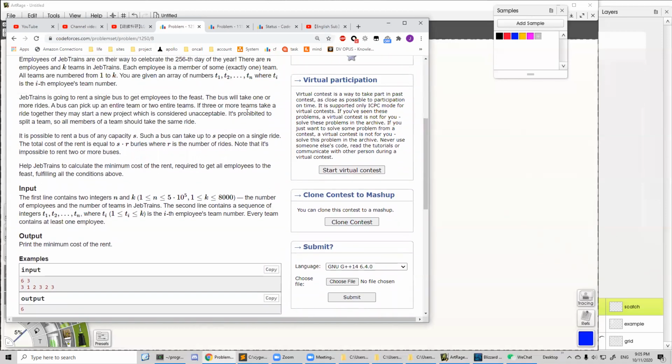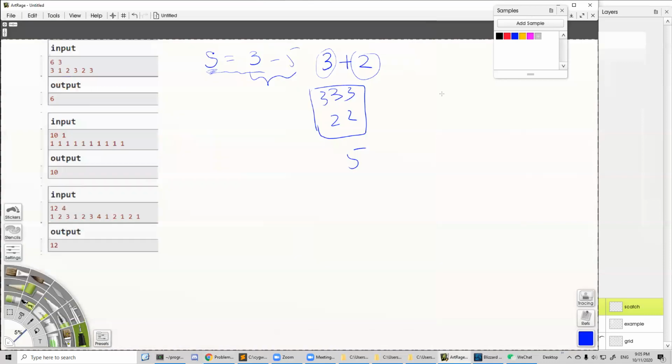At most, we are going to have 5 multiplied by 10 to the power of 5 as the maximal capacity of a team, right? So the maximal capacity of a bus is 10 to the power of 6.